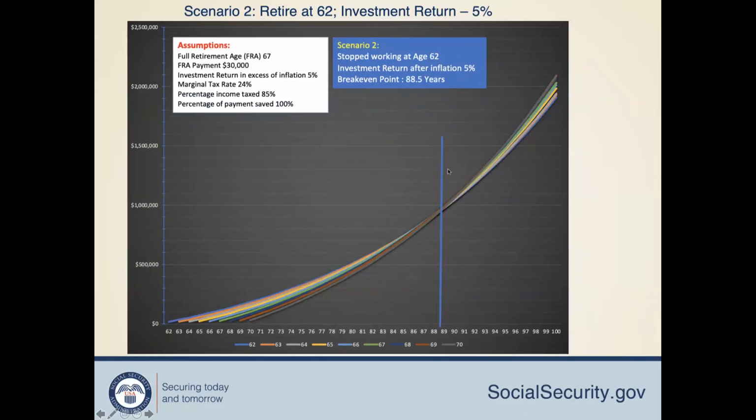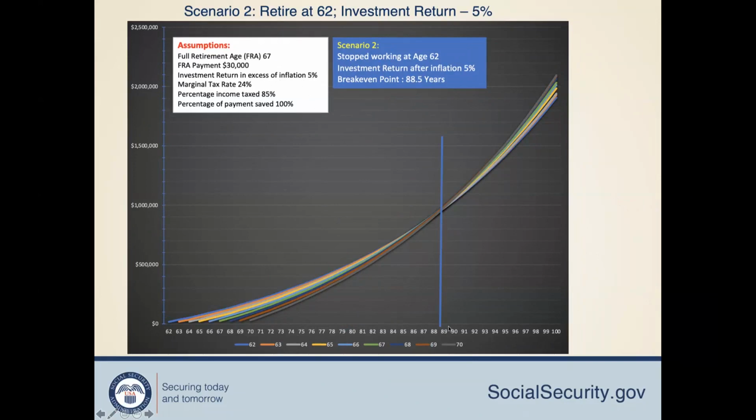Whereas I changed the assumption here: investment return in excess of inflation, 5%. So with a 5% return, the break-even point changes. It has now become 88.5, so almost 89.